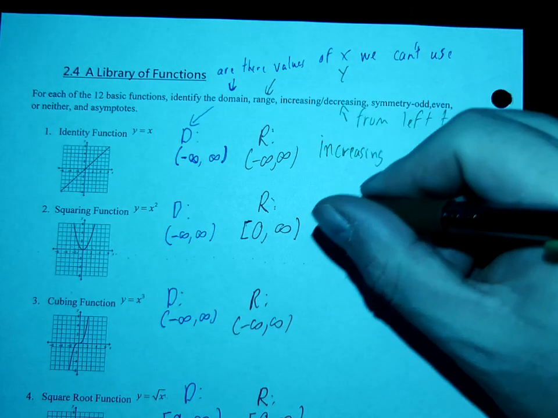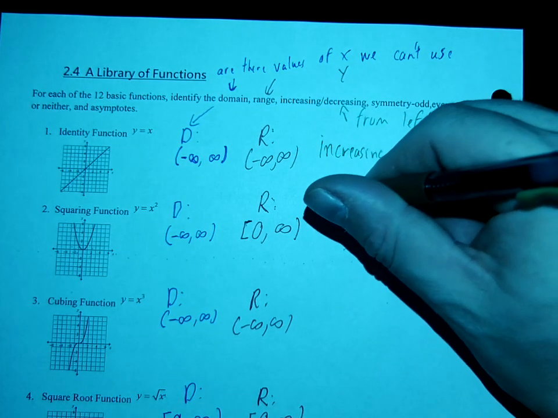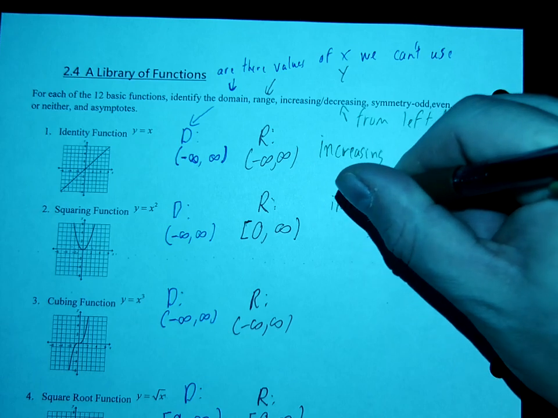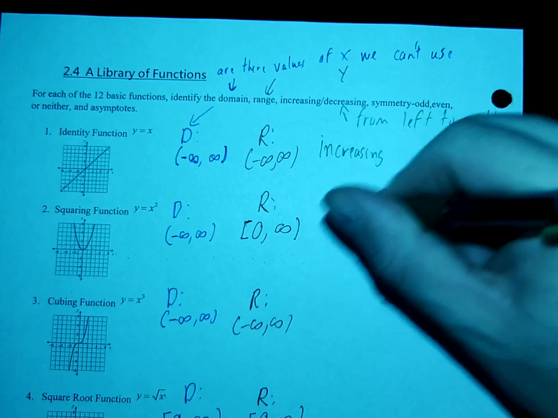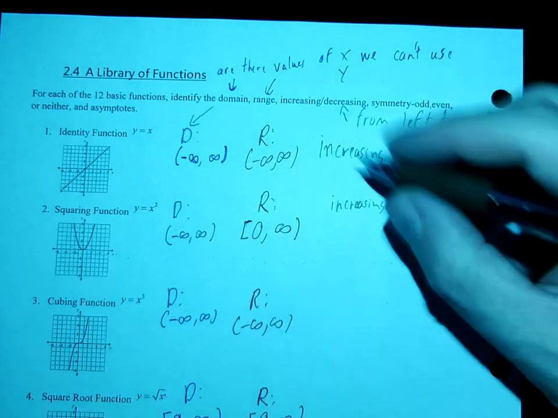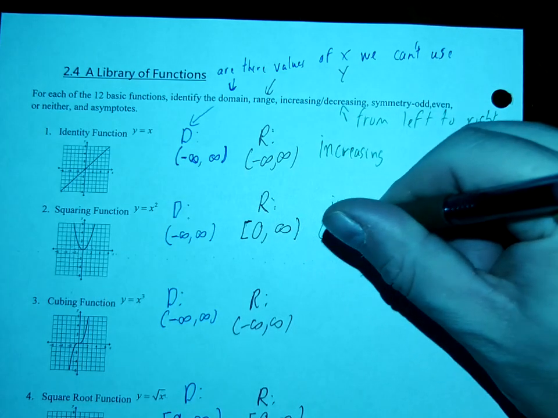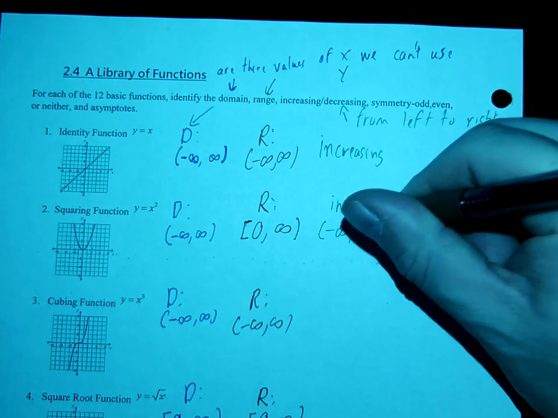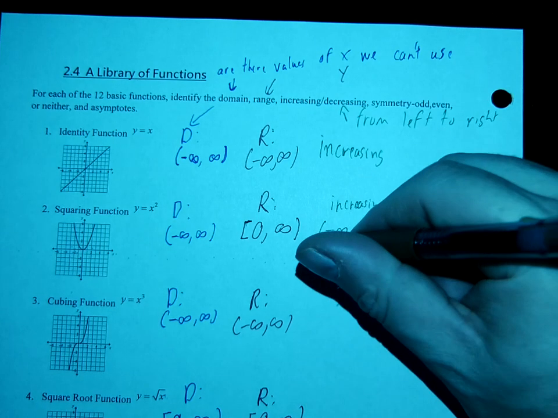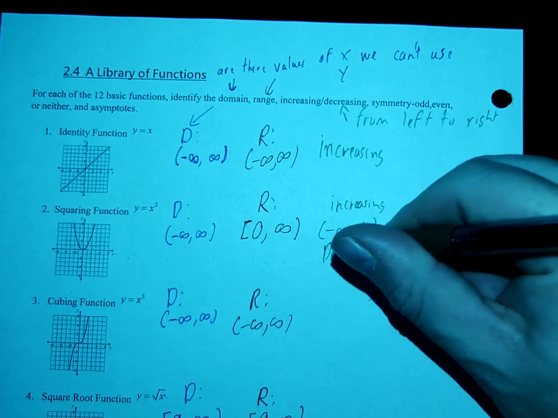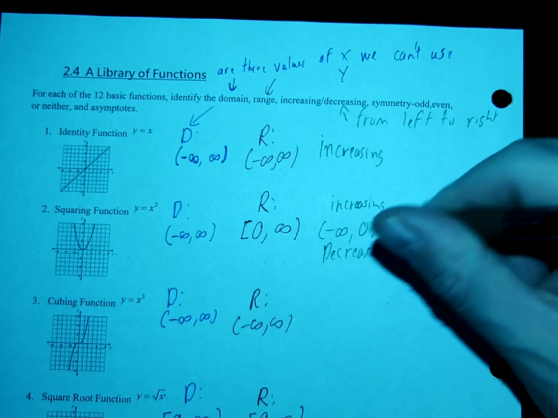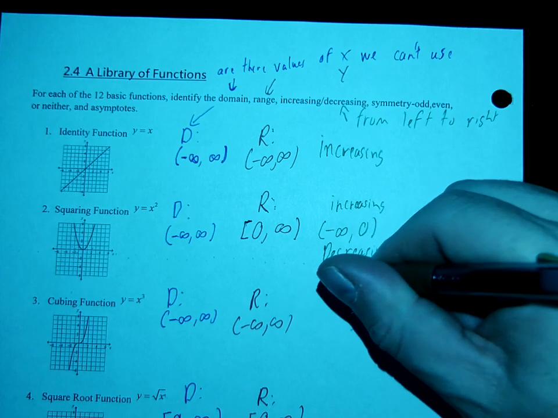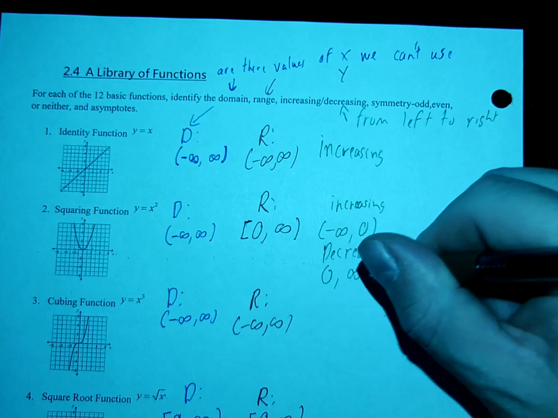So this one has an increasing section, and that's from the section -infinity all the way to 0. And then it has a decreasing section, from 0 to infinity.